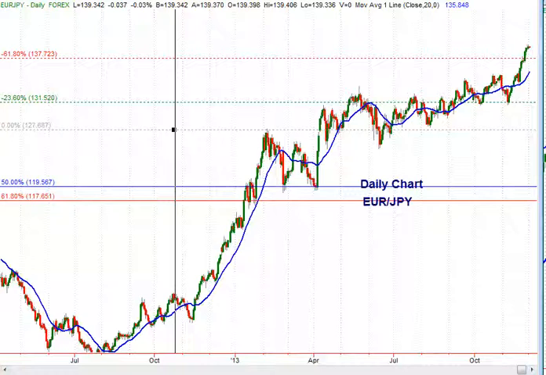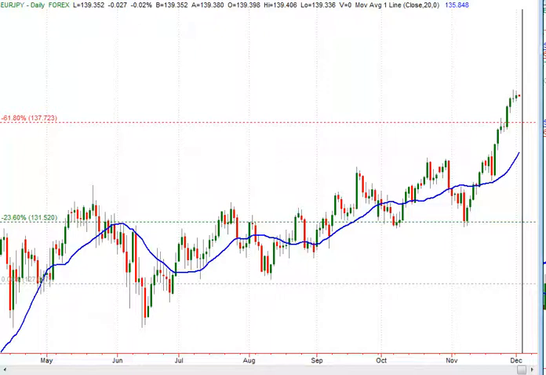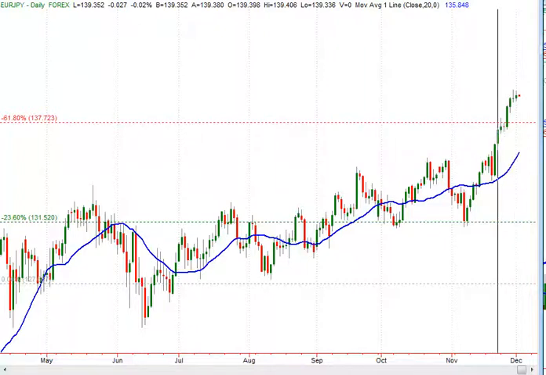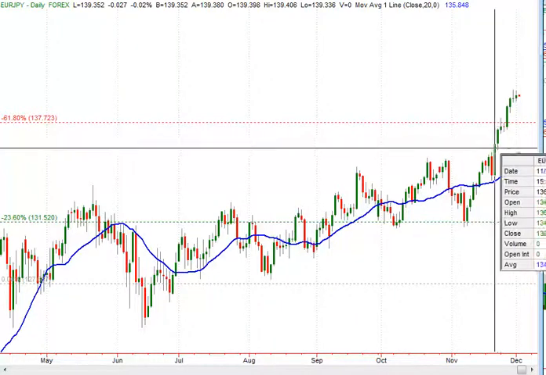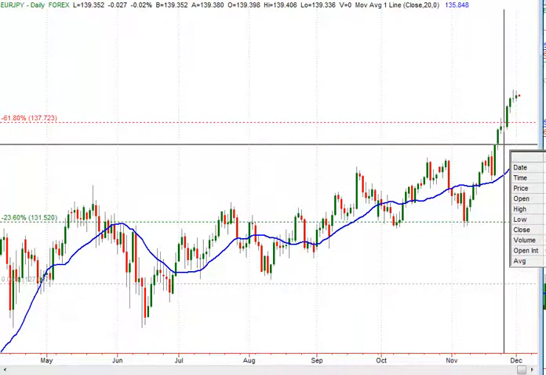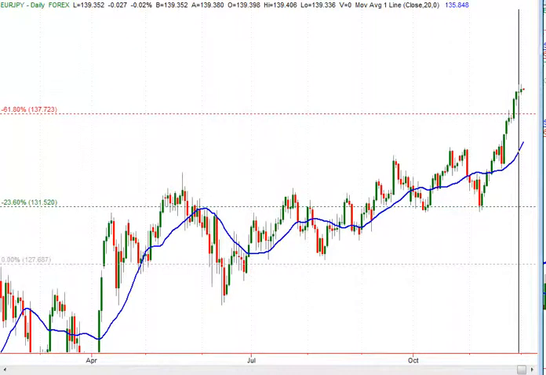Now you will remember that we touched that level last week, and from this nice tail kind of candle here, we saw that there was some profit taking at the level, but price kept moving higher.